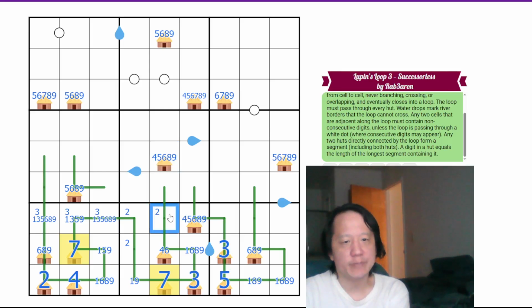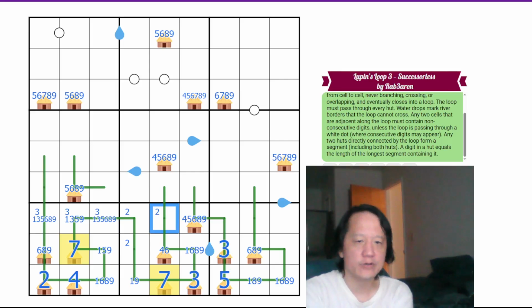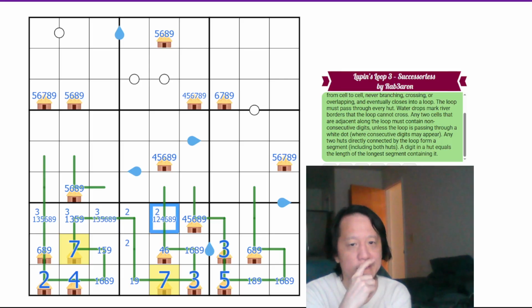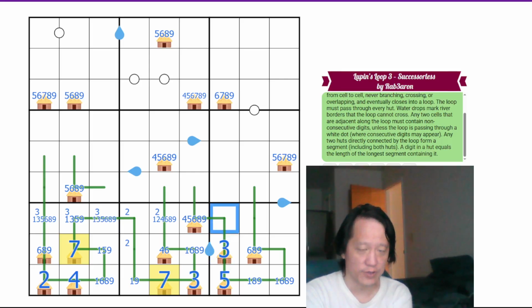This digit cannot be a 5 either. But we could have 1, 2, 4, 6, no, 7, 8, or 9. And it's a wide variety. This digit cannot be 3 or 5, can't be 2 or 4, because that's consecutive with 3.